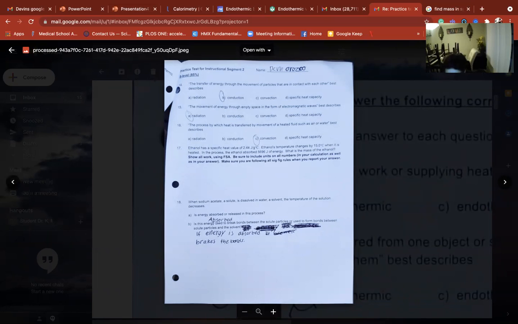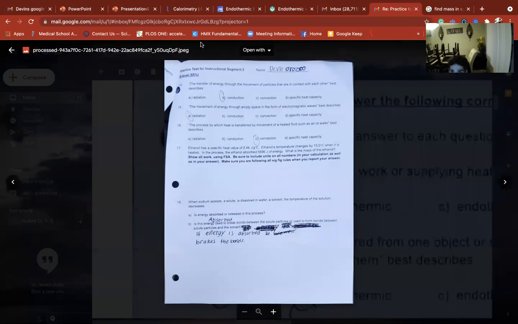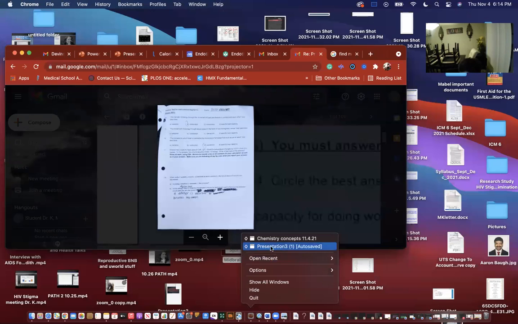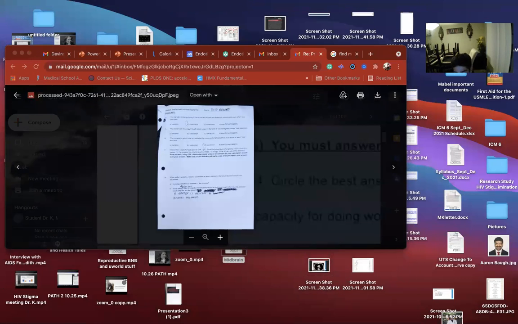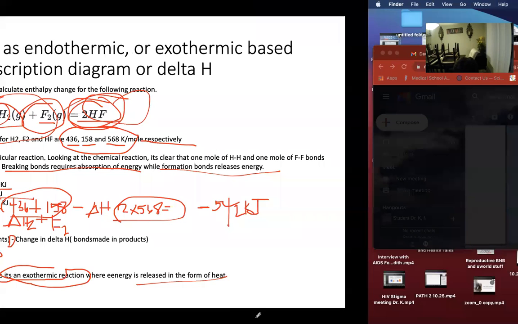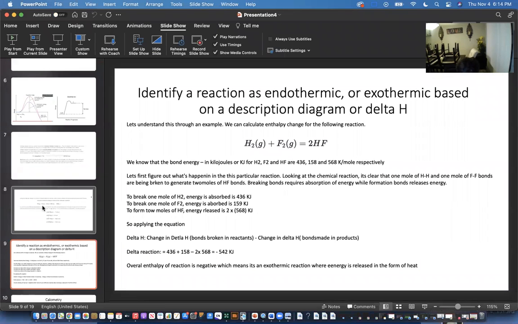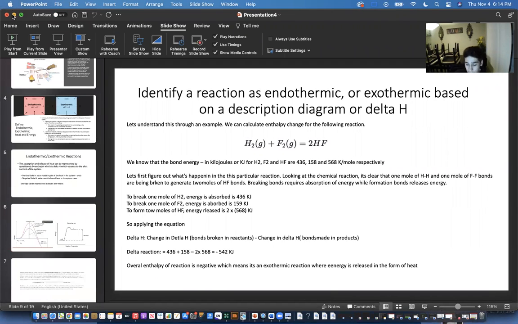So in this situation, remember, just write down all the knowns. Let me just take a picture of this actually, because I want this to make sense. Oh, we haven't even done the calorimetry stuff.